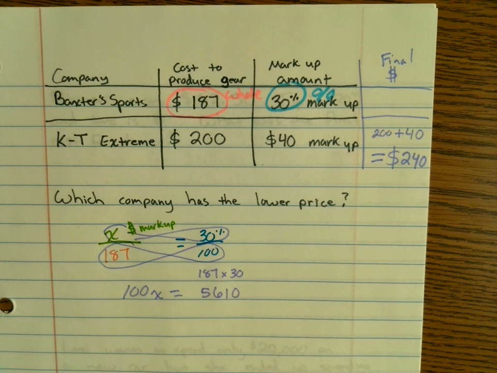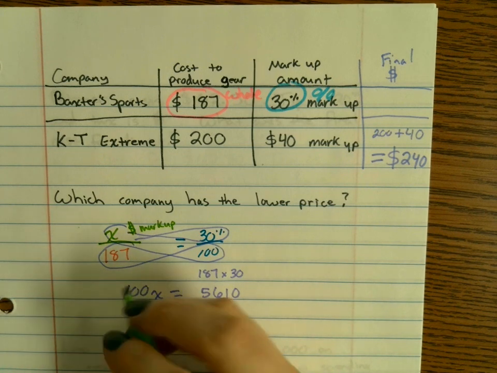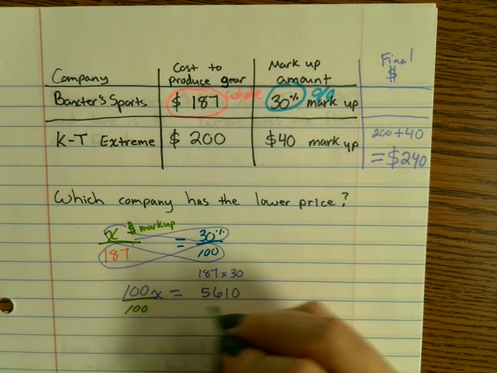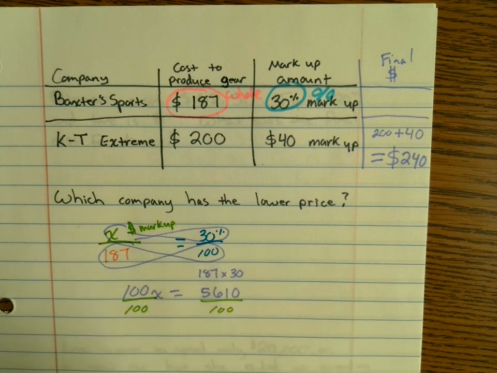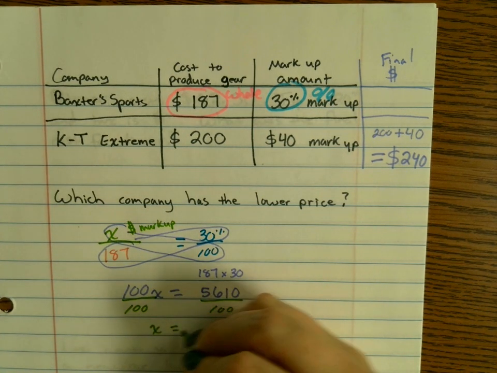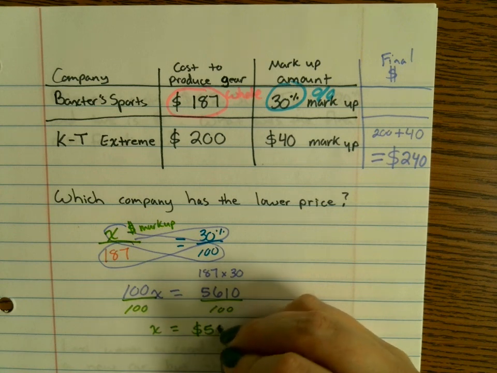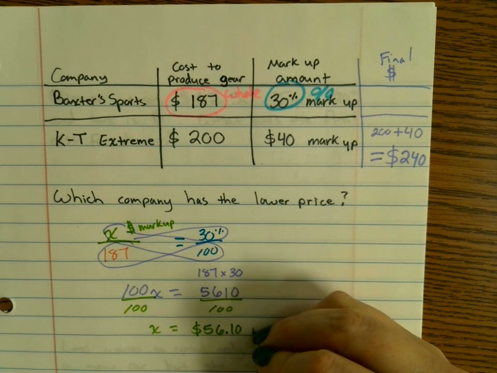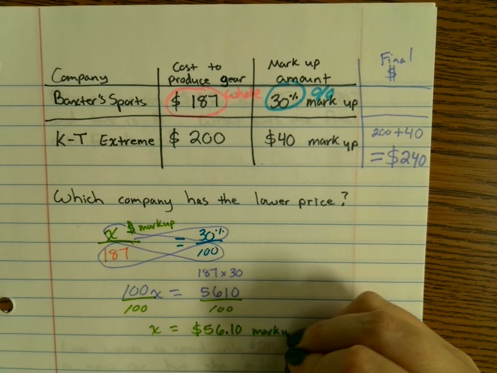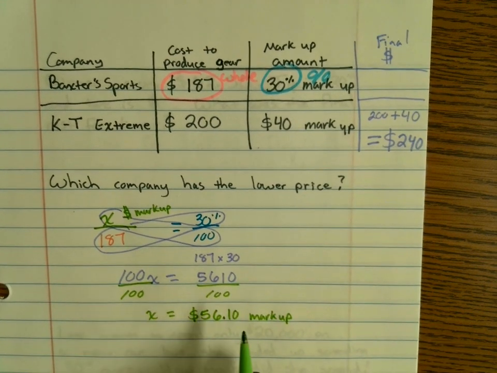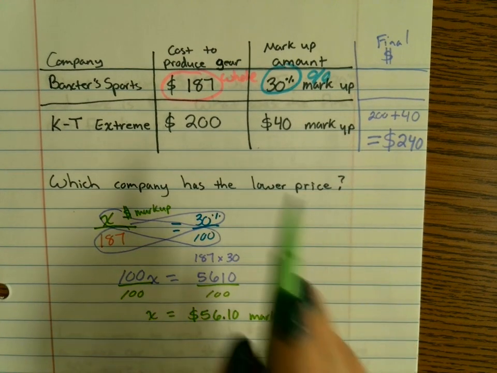Then we just have to divide both sides by 100 to get x by itself. When we divide both sides by 100, we find that x is going to equal $56.10 for the markup.